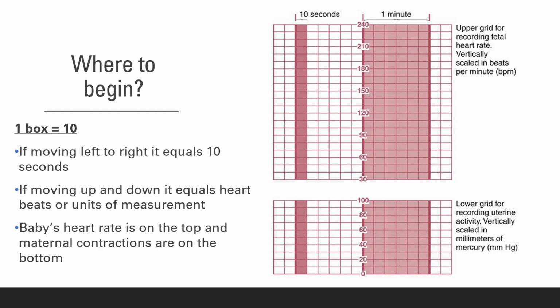On the right-hand side there, you have 6 ten-second segments, which equals 1 minute. If you're looking at the bottom, that is to record the uterine activity or the uterine contractions, and that's scaled in millimeters of mercury. This is how we trace fetal heart rate and contractions. It's transferred to either a piece of paper or a computerized platform.